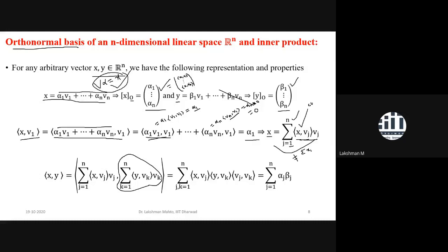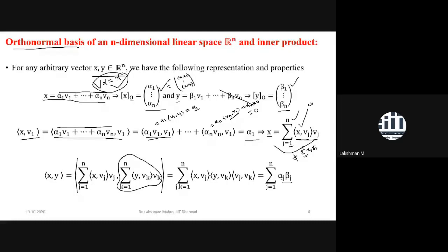In the standard basis, the inner product was defined as the summation, j varies from 1 to n, of xj with yj. What is coming here? We are getting the inner product defined with respect to alpha j and beta j. So what is alpha j? Alpha j is no more a coordinate with respect to the standard basis.